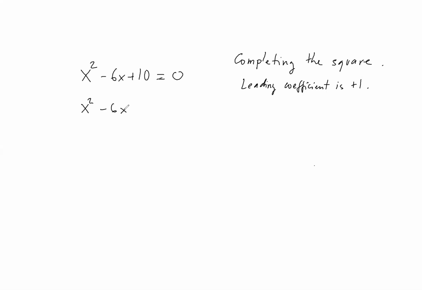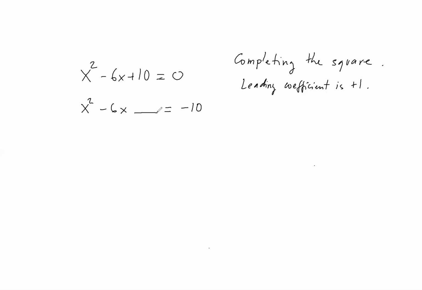Then I will rewrite this equation by moving the 10 to the other side of the equal sign and change the sign. So it's from positive 10 to negative 10. Okay, and do you see that I have a space here?